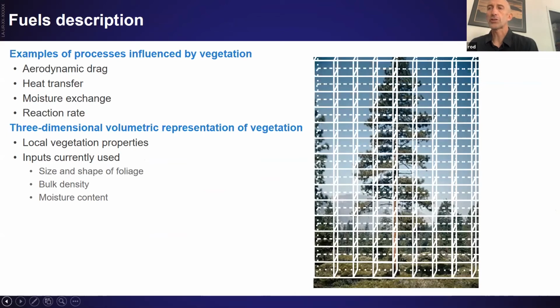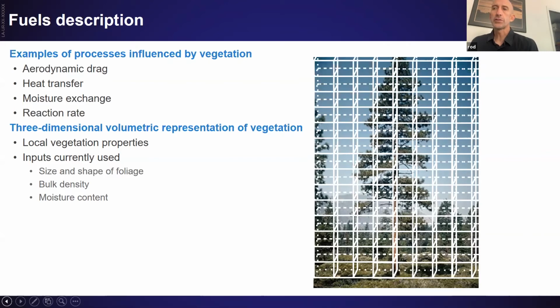So for the fuels description, just so that you understand what's going into these models, we're taking that grid cell concept that I just mentioned, and we're having to place fuels into those grid cells. And why are we doing that? Because the structure of the forest influences the way the air moves around the fire. It influences the heat transfer from the fire to the fuels and from the fuels back to the air.